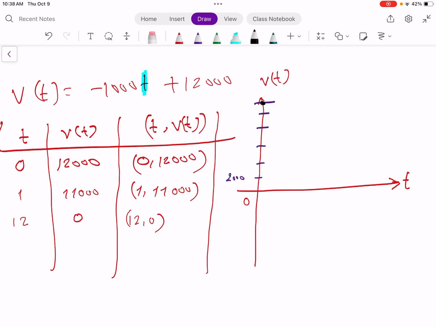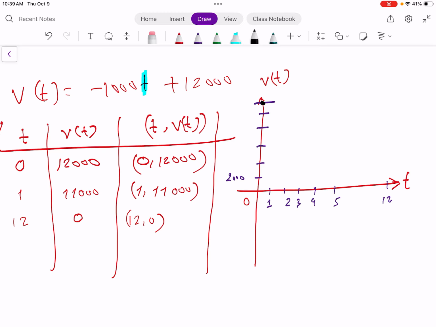For the second one, let's say this is 1 year, 2 years, 3, 4, 5. Let me call this 12. So this is 1, this is 12, and this is 10,000.